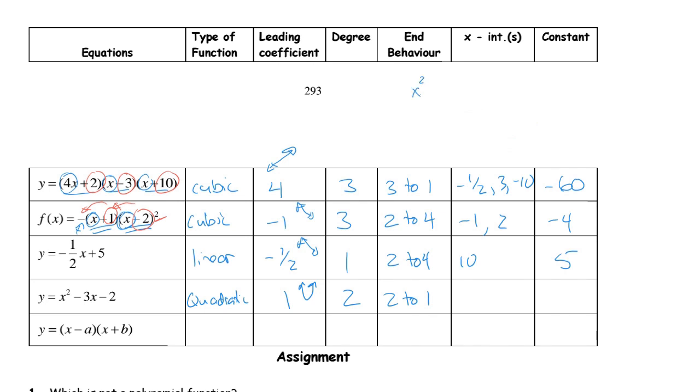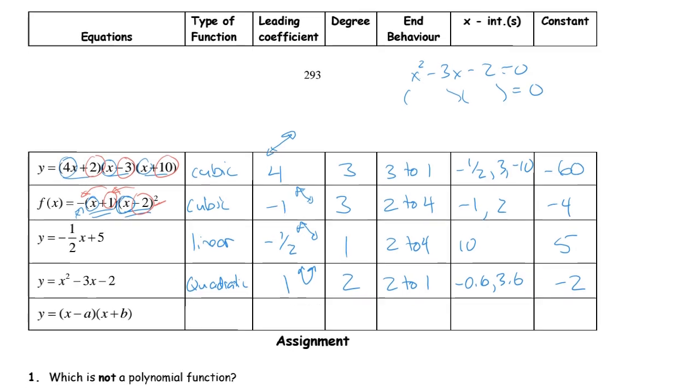So x squared minus 3x minus 2. And I'm hoping that it factors nicely here. Let's take a quick look. And it won't. So I'm going to have to pull out my calculator and have a quick look. And from looking at my calculator, I see that I've got negative 0.6 and 3.6 as my x-intercepts. And the constant here is simply going to be negative 2.